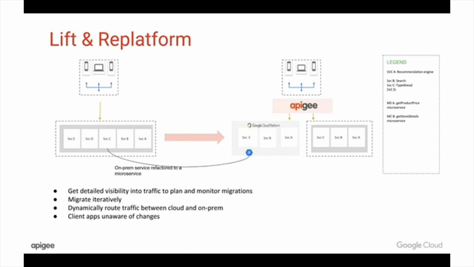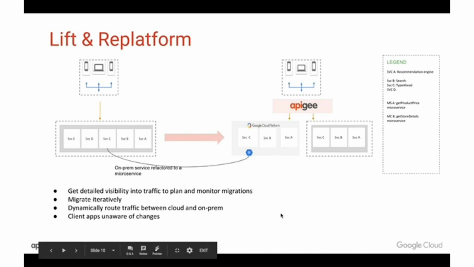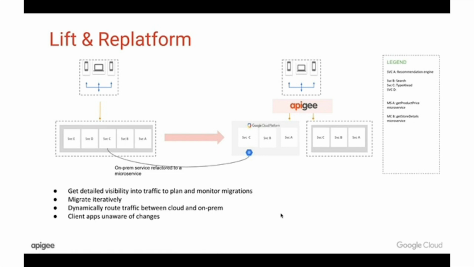And Apigee acts as an abstraction layer so that your clients don't feel the difference whether the call is coming from your on-prem or from your compute engine in GCP. Apigee takes care of making sure that there's the right abstraction. Apigee can route the traffic dynamically to either GCP or on-prem, can provide you the right visibility into who is consuming which applications, and essentially help you to migrate iteratively.